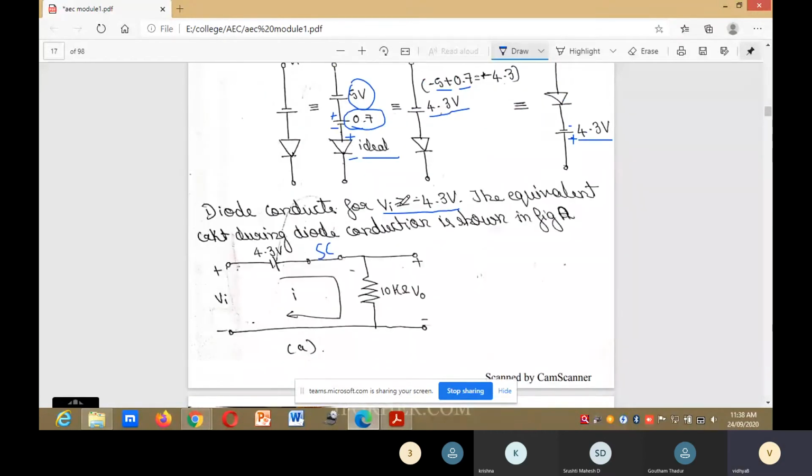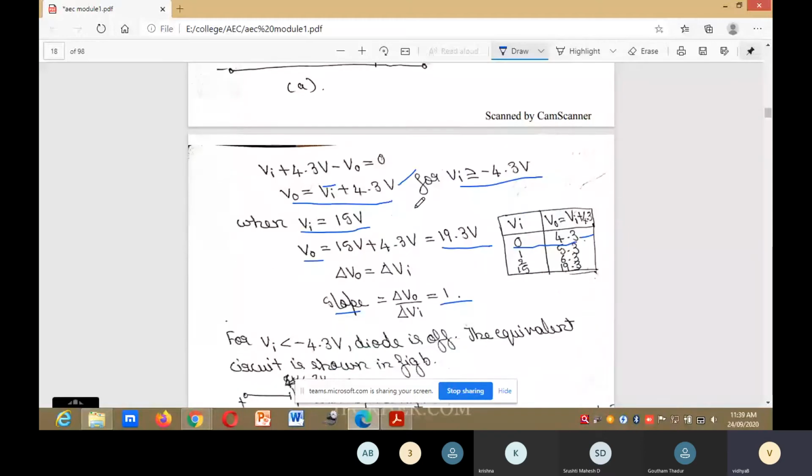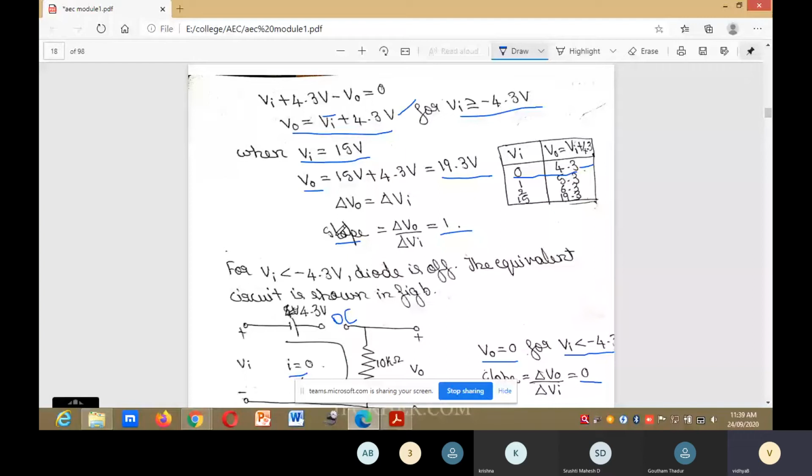When Vi is greater than minus 4.3, you need to observe here, we get slope equal to 1.